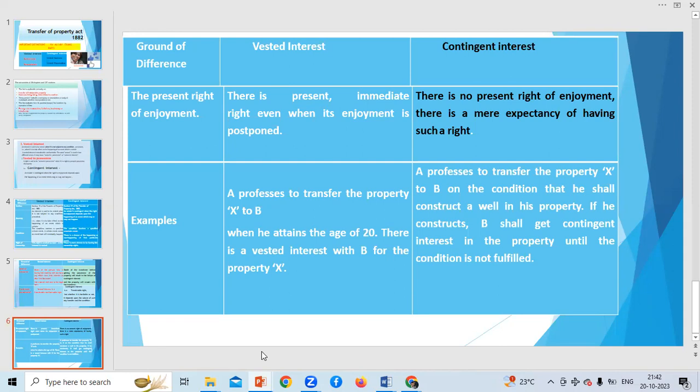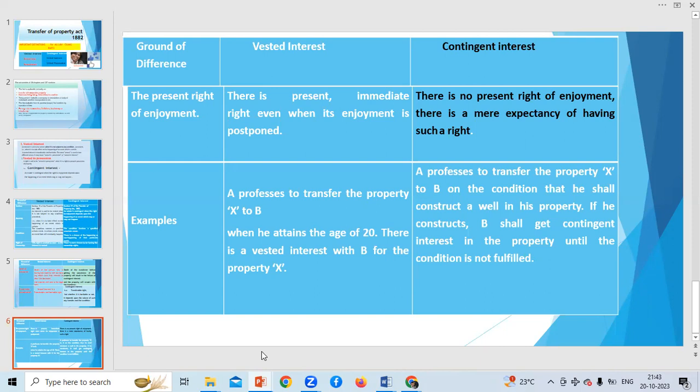A proposes to transfer the property X. In case of contingent interest, we are discussing the same thing. In the example, A proposes to transfer the property X to B on the condition that he shall construct a well in his property.